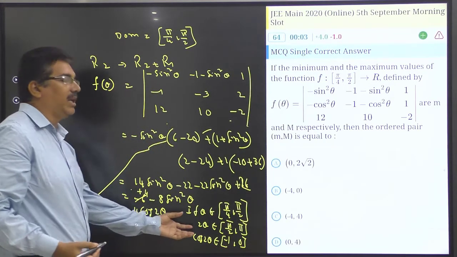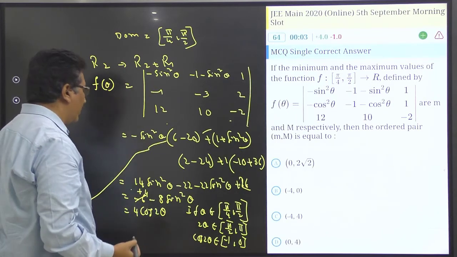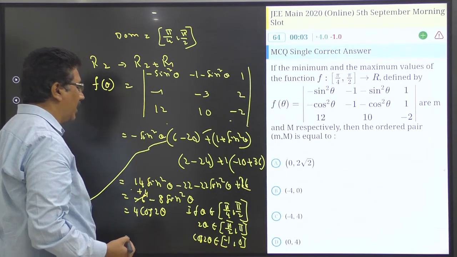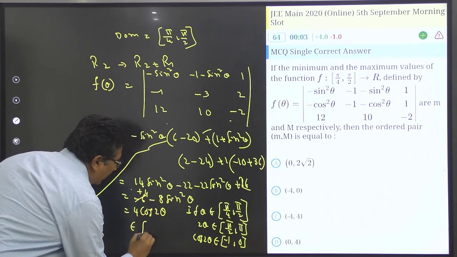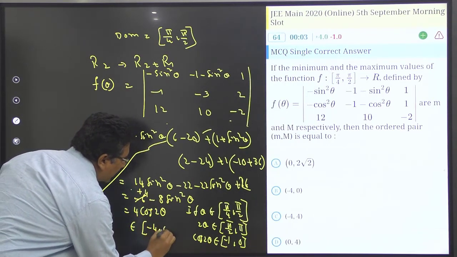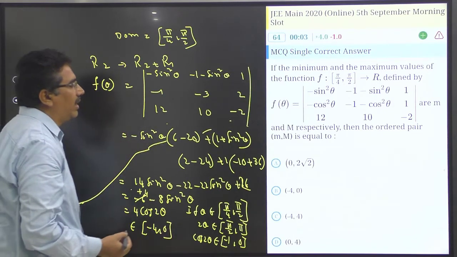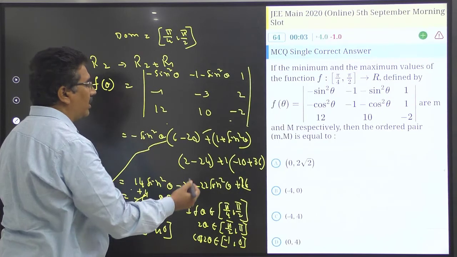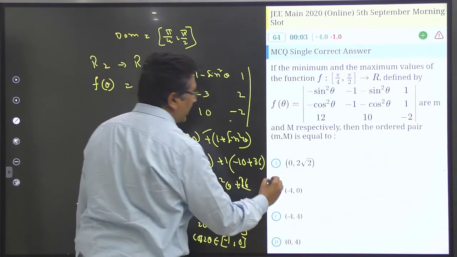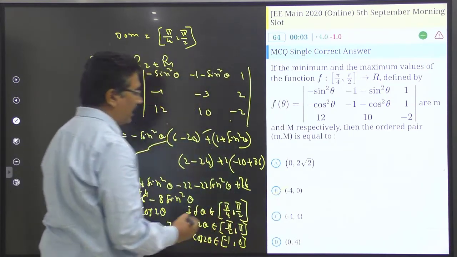Now multiplying with 4, 4 cos 2 theta belongs to the closed interval minus 4 comma 0.